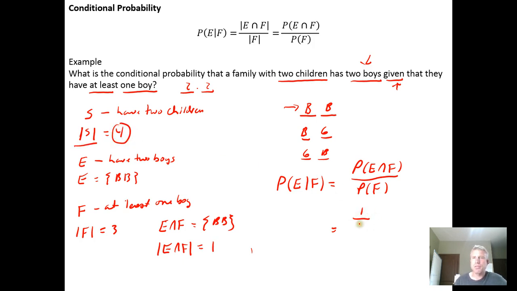Size of the sample space is 4, divided by the probability of F is the size of F, which is 3. There are 3 possibilities in F, divided by the size of the sample space. And once again, those will give us a 1. 4 divided by 4 is 1, and we'll be left with a 1 in 3 shot of having 2 boys, given that we know one of the 2 children is already a boy.